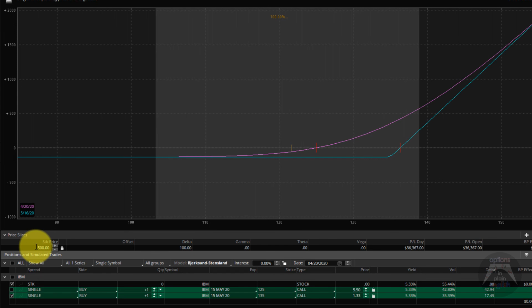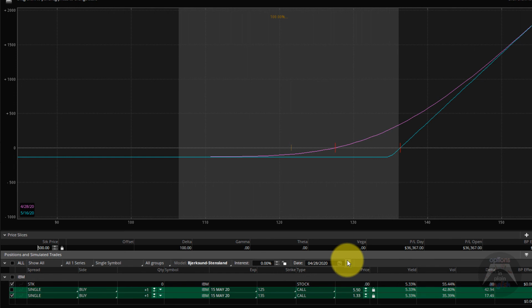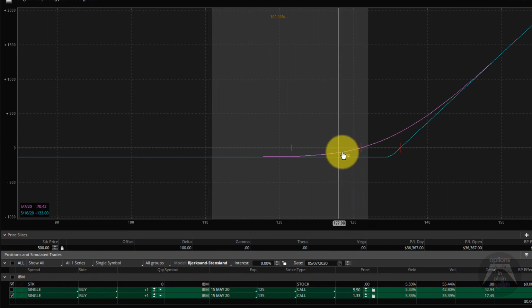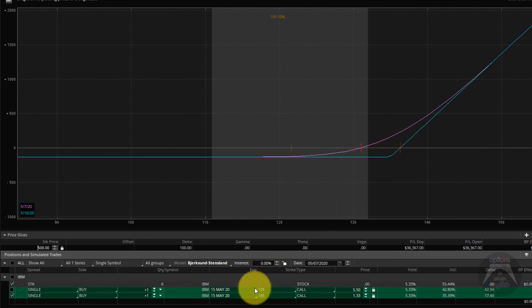option. When you buy a call option, yes, you have time working against you, as you can see, because as time passes, the value of the call starts going down. You can see it graphically here, because if I start moving time, so now I'm on the 1st of May, 2nd of May, 3rd, 4th, etc., this curve starts to sag and go all the way down until it meets and merges with the solid line, in this case the expiration line.